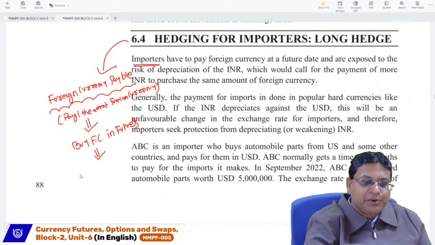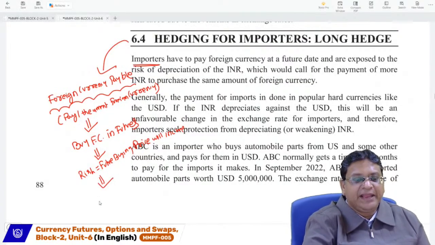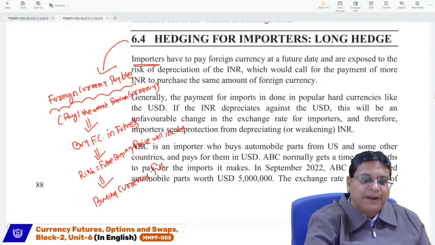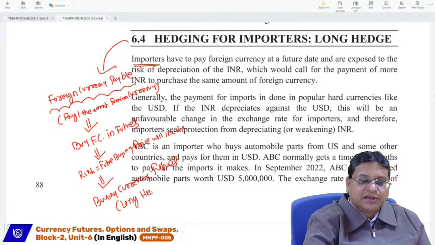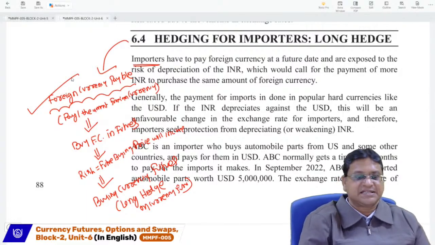When you buy, your risk is that the future buying price will increase. How do you reduce it? You reduce it by purchasing currency futures, or by taking long hedge on currency futures. So anybody who has foreign currency payable will go for long hedge.